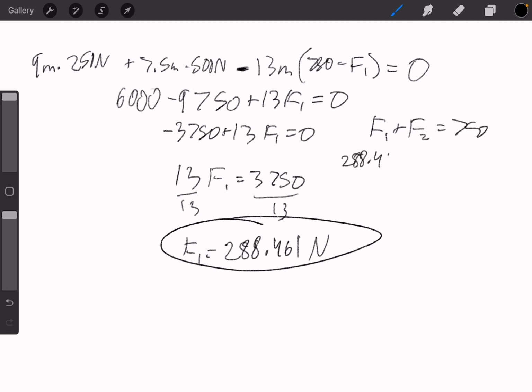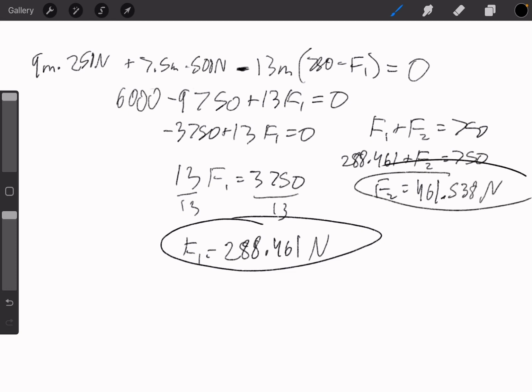So now using this, we can solve for f of 2, because f of 1 plus f of 2 equals 750. So now I know 288.461 plus f of 2 equals 750. So that means f of 2 has to equal 461.538 newtons. And that's the answer for that one.